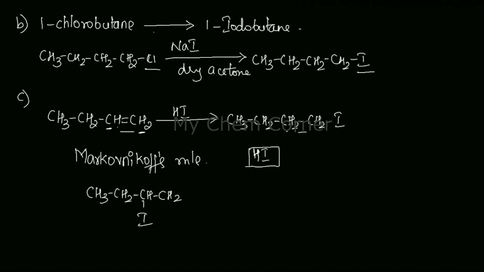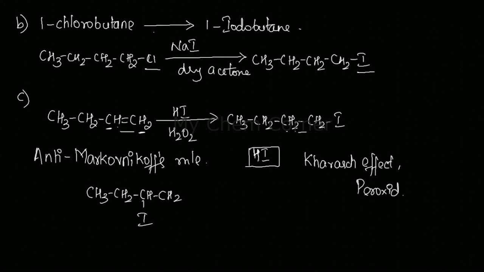So this has to be anti-Markovnikov's rule. The minute you have anti-Markovnikov's addition, it is going to be in the presence of hydrogen peroxide. Another name for this is the Kharasch effect, or we can call this the peroxide effect, because this will happen in the presence of a peroxide. So this is going to be the major product in case of this rule.